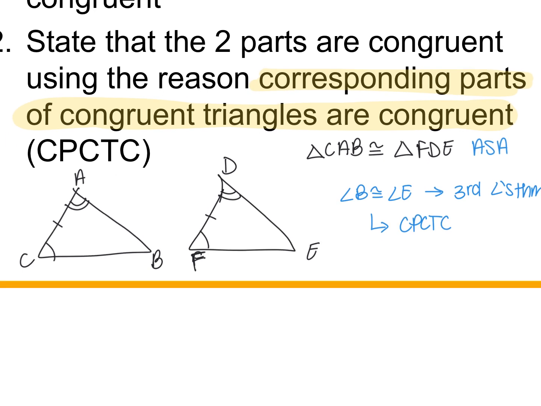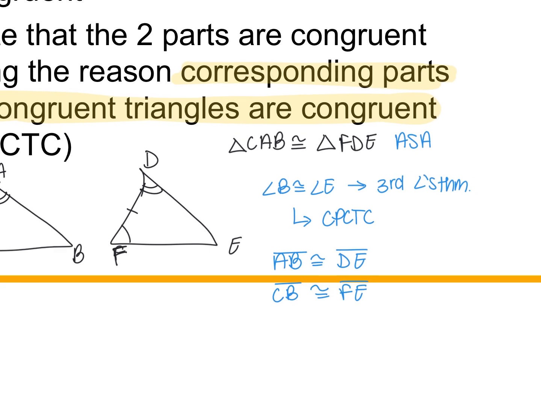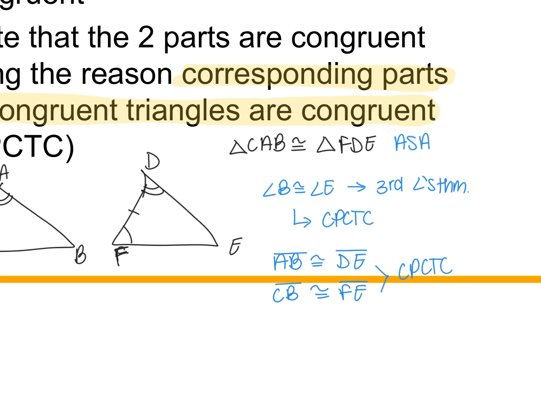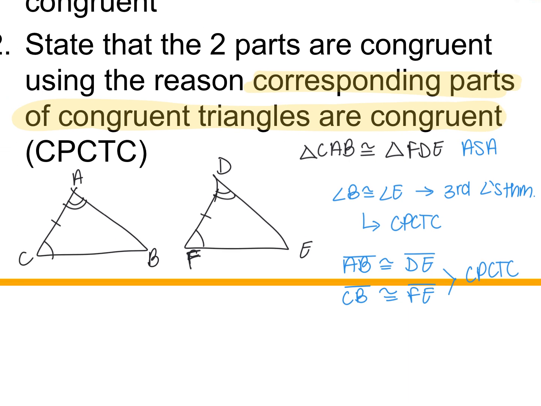Or if they were to ask me, is side AB congruent to DE? Or if they ask, is segment CB congruent to FE? I would say yes. Why? Because CPCTC. Again, if my triangles are congruent, the corresponding parts of the congruent triangles will also be congruent.